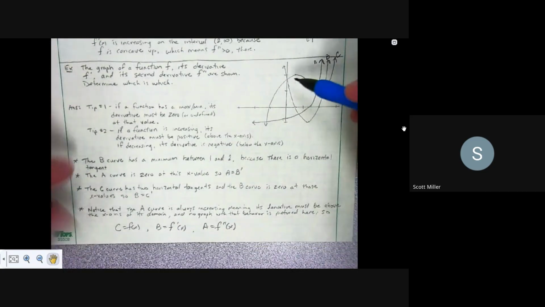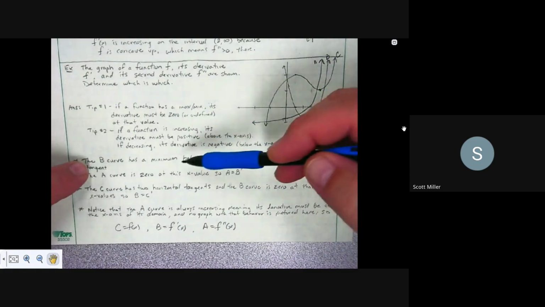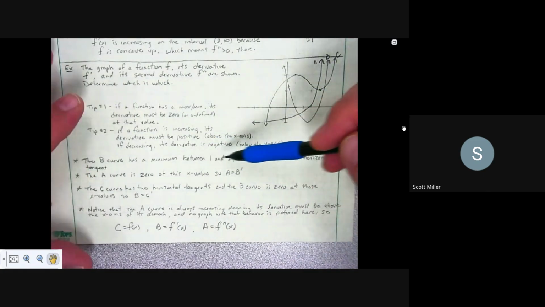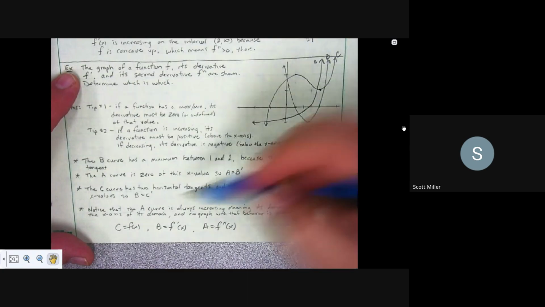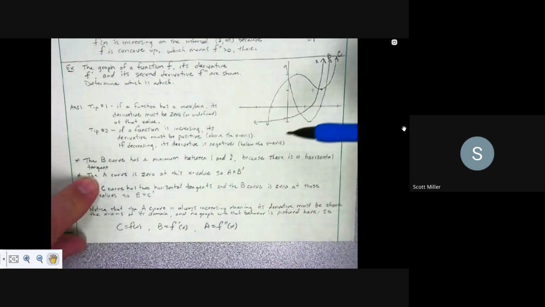So we already did that one here. The B curve has a minimum between 1 and 2 because there is a horizontal tangent. A curve is 0 at its x value.